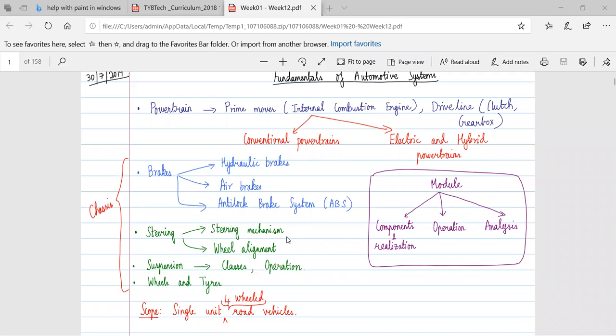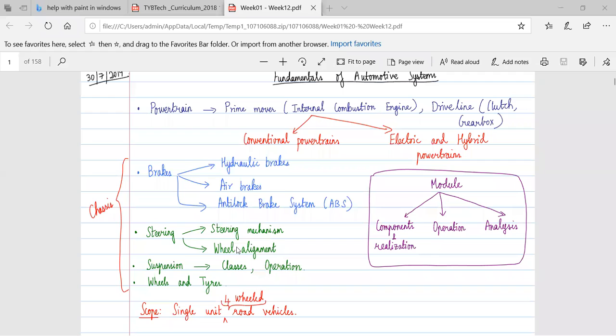Then we have the steering mechanism and wheel alignment, right? Wheel alignment is a major parameter which keeps the vehicle in a particular direction. The steering mechanism is used to choose the direction and to drive a vehicle in a particular direction.